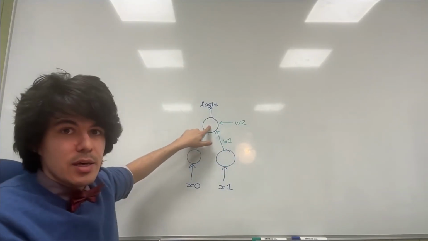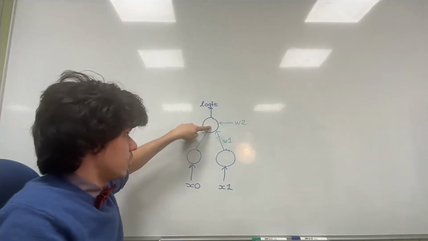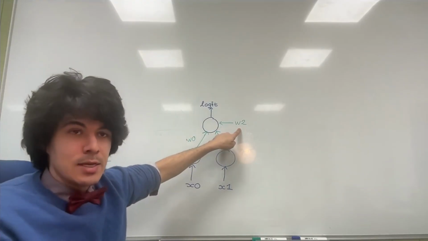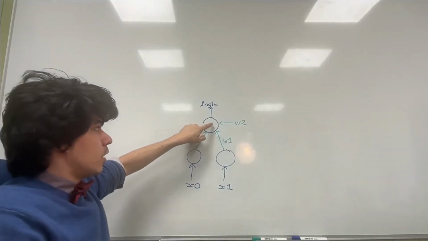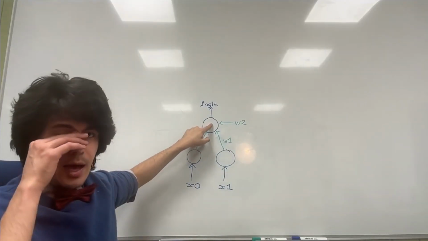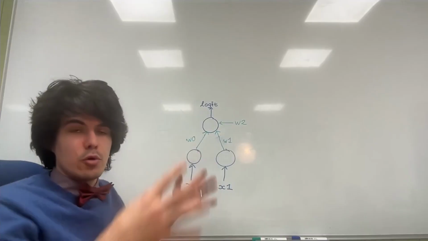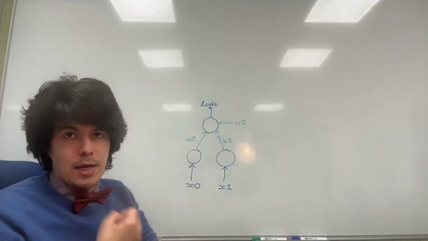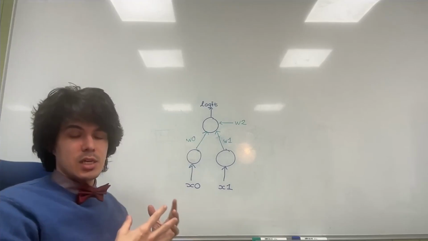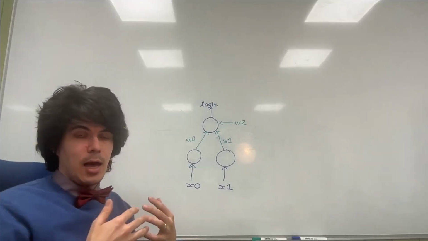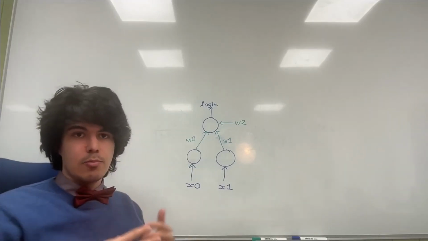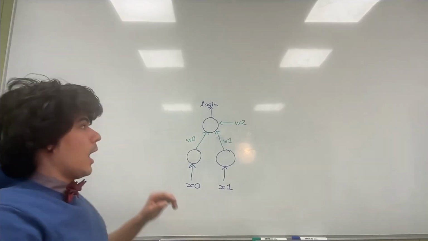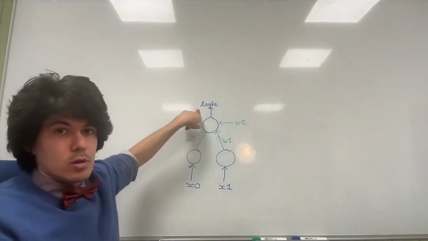Up here, we have the neuron. It has a third weight, W2, that represents a bias. The neuron's sum of the scaled x0, the scaled x1, and the bias added together gives us the logit, which is a number representing the probability of a positive classification, but in log space. The output of this we're going to call logit.